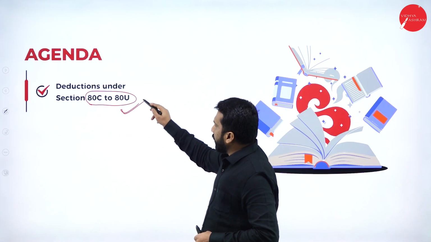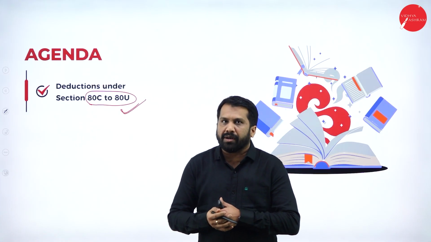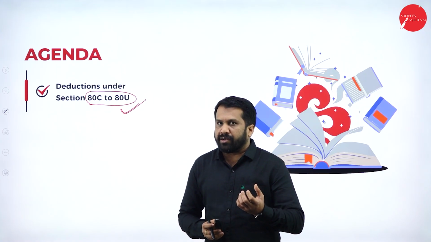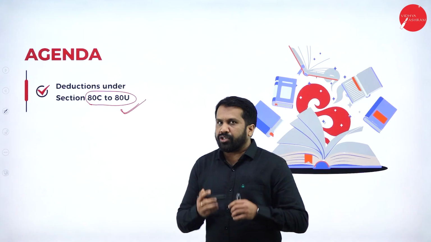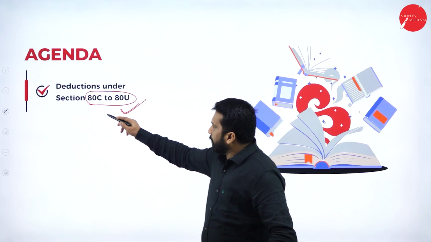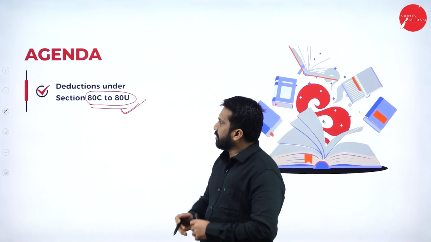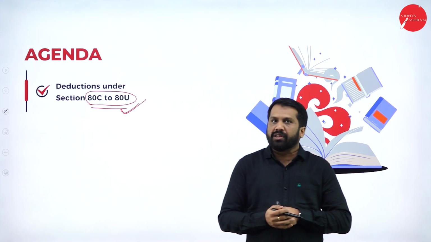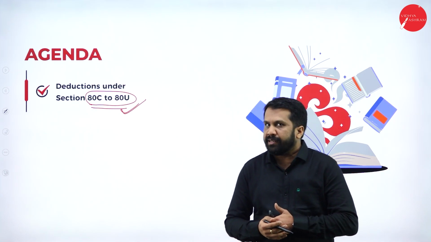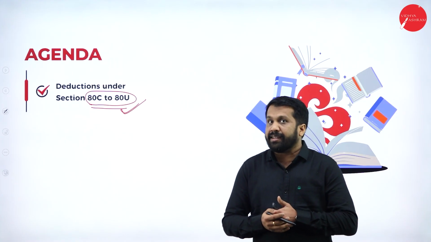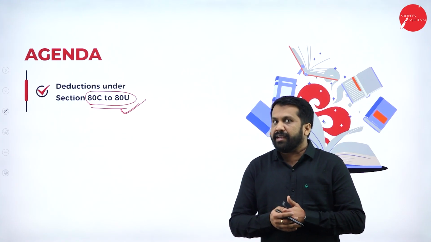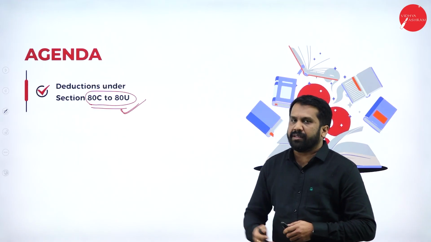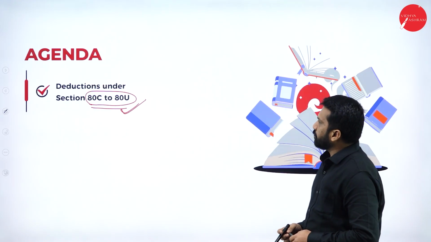Without this, you cannot do any problem under income tax, because whenever you calculate your tax, to avoid taxation, you have to go with a few deductions. Those deductions are only called 80C to 80U. We will learn individually in depth what is 80C, what is 80CCC, 80CCD, 80D, 80DD, 80DB.